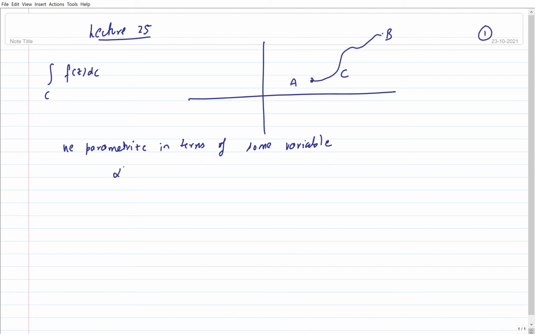So let's say that variable is t between the range alpha and beta, and x(t) and y(t) are the real and imaginary parts of z.